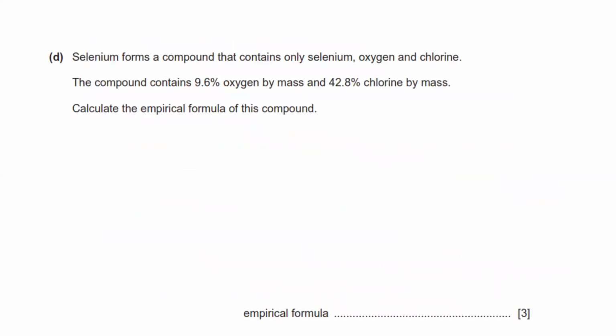Moving ahead, part D, it says selenium forms a compound that contains only selenium, oxygen, and chlorine. The compound contains 9.6% oxygen by mass and 42.8% chlorine by mass. Calculate the empirical formula for this compound. So we have selenium, chlorine, and oxygen.